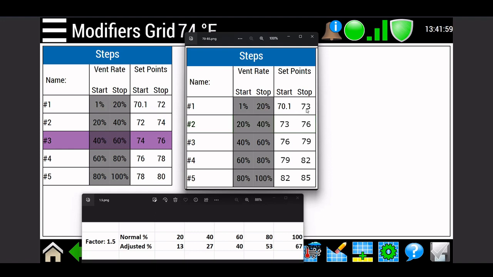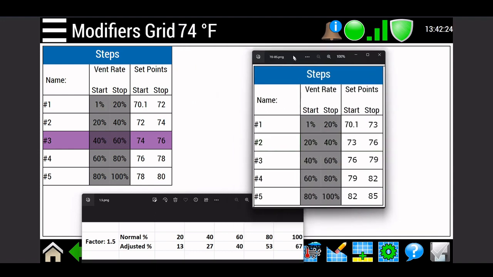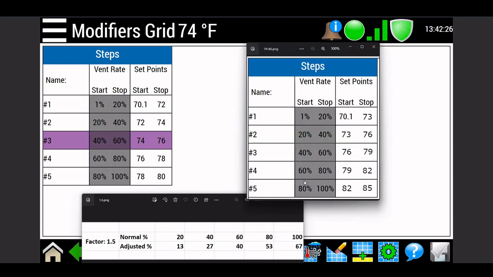So 1.5 times 2 is 3. Rather than a 2 degree step for all of them, we've got a 3 degree step. And so that's the modifier adjusted table that it would be working on when the modifier is fully active. So that is what it looks like for a factor of 1.5.